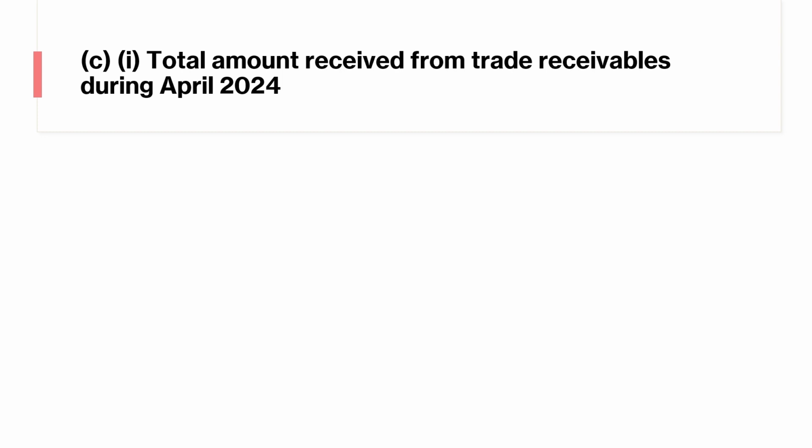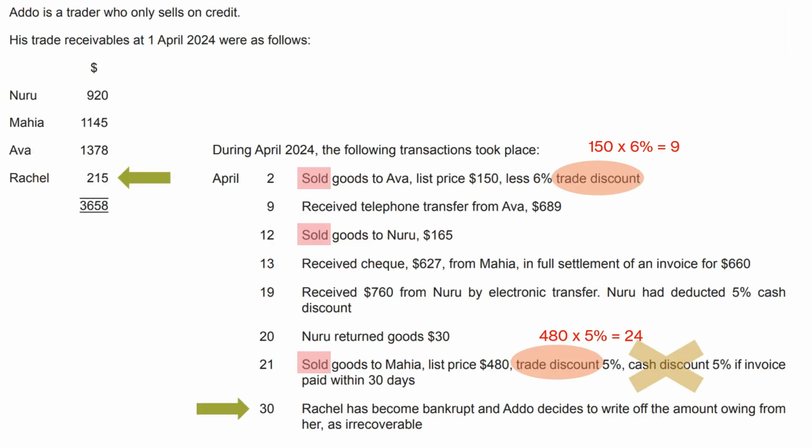Part C, the first part of that question, we should calculate the total amount received from trade receivables during April 2024. So the total cash receipts. How do you calculate that? Let's go back to the question.